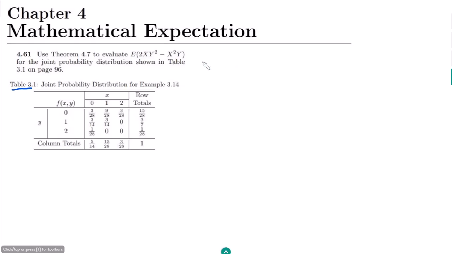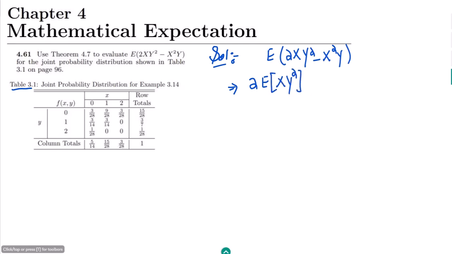Okay, so now in order to find the solution of this question, let me solve it here, and the equation we have here is 2xy square minus x square y. Okay, so let me apply the formulas here, and at the end we would have 2E of xy square minus E of x square y.